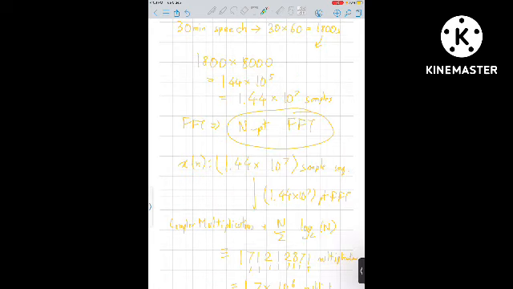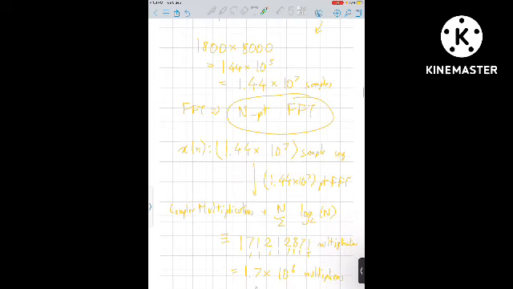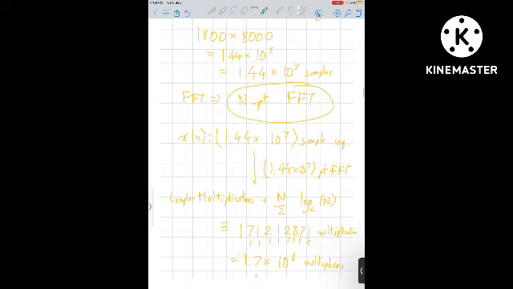Calculating it on the calculator, it requires almost 171212871 complex multiplications.